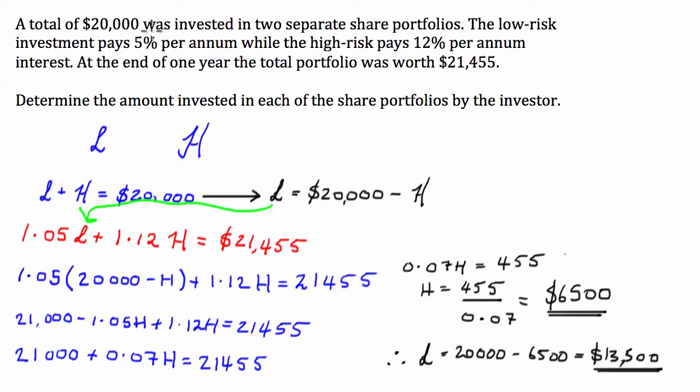We then found that both of the variables, the low and the high portfolio, had to sum to equal 20,000, because that's how much the investor invested in total in both portfolios. So once we came up with one equation, we then found out that in a year's time they'd both increased by 5 and 12% respectively. So we then converted these percentage increases into an equation with the new value of the total portfolio.